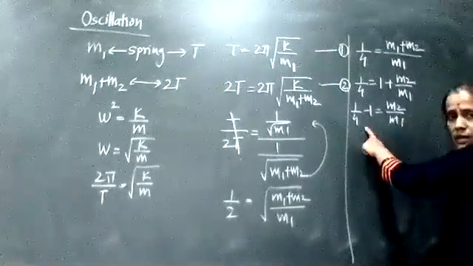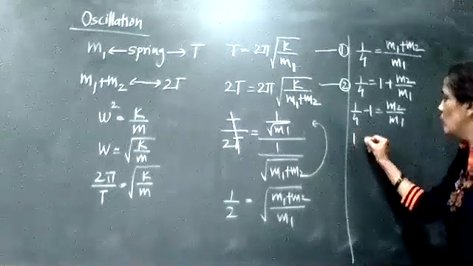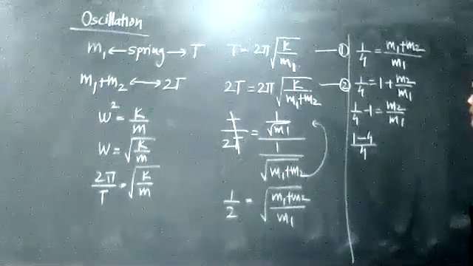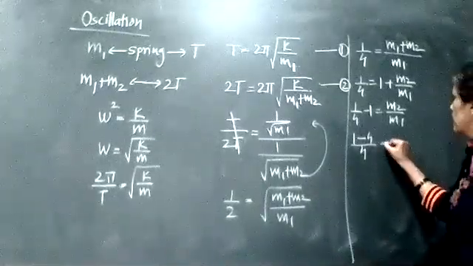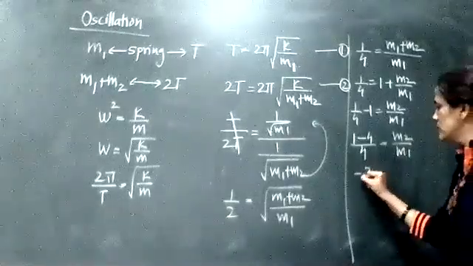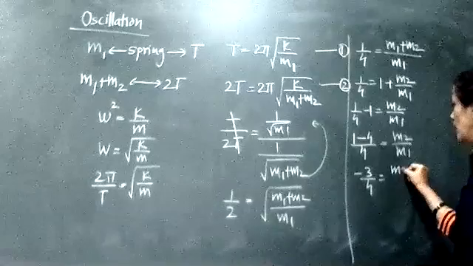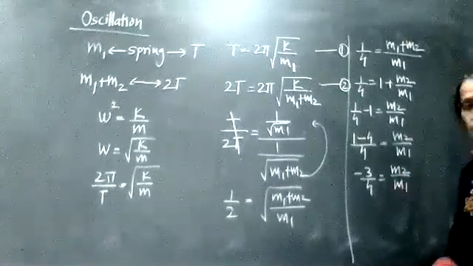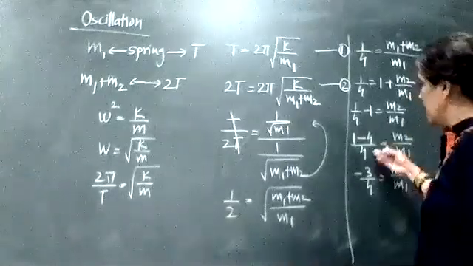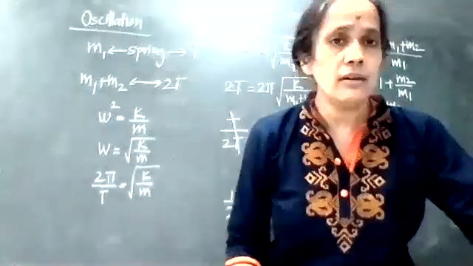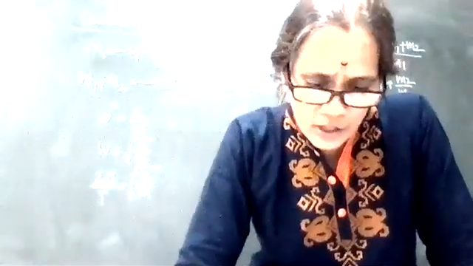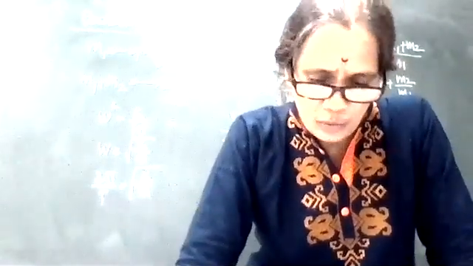If I solve this, the LCM is 4, so I am getting 1 minus 4 upon 4, which is minus 3 by 4, equal to m2 by m1. Is it right? So now I can take the inverse and find out the ratio. Clear? That is nothing but the comparison of masses m1 and m2.